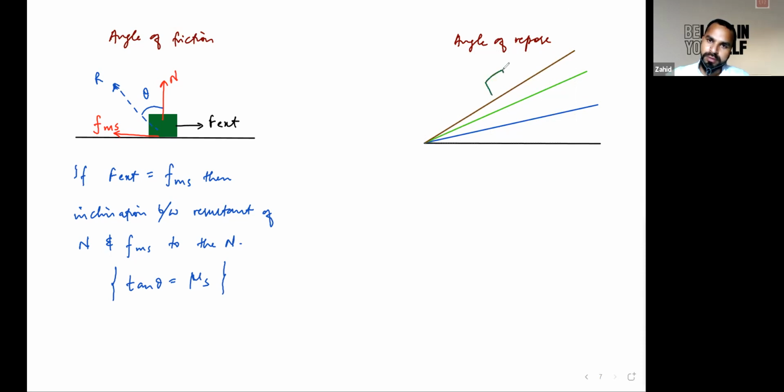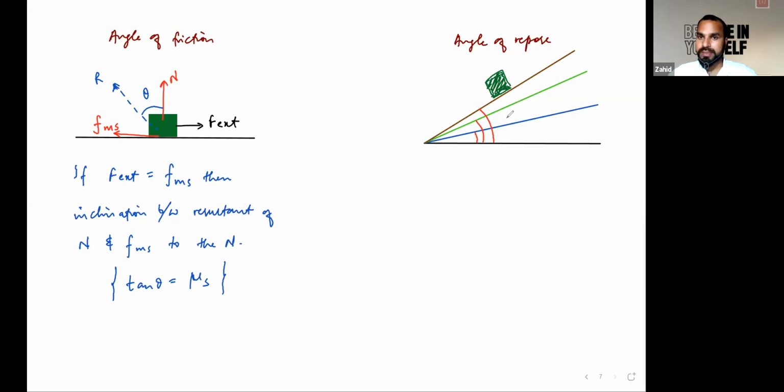So when you start raising the inclination of the plane with respect to horizontal to the maximum value till this block starts sliding on this particular surface, the maximum inclination of plane with respect to horizontal up to which this block has just started sliding is termed as angle of repose.